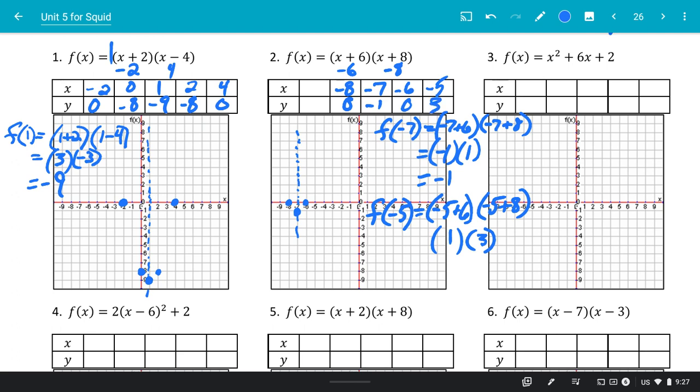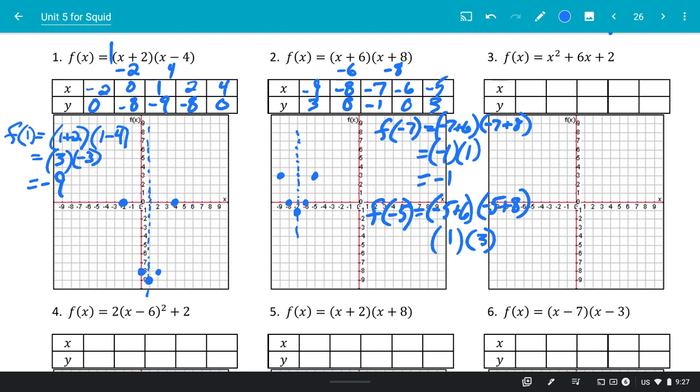Watch this. So I got -5, 3. Anybody want to tell me what -9 is going to be? How do you know? Yeah, it's a mirror of the other side. So I really don't have to do the other one, do I? Really don't have to plug it in.